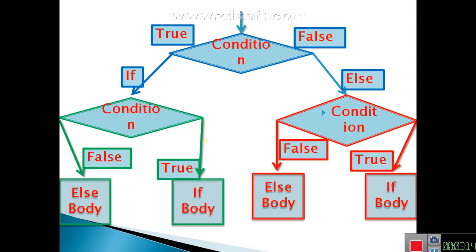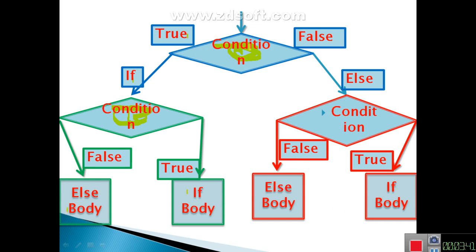You can easily understand more about the nested if else. Initially the main if condition is there. If true, it goes for the if body execution. Inside the if body, one more condition is there. Based on the nested if condition, if the condition is true, the body will execute; if the condition fails, the else body will execute.